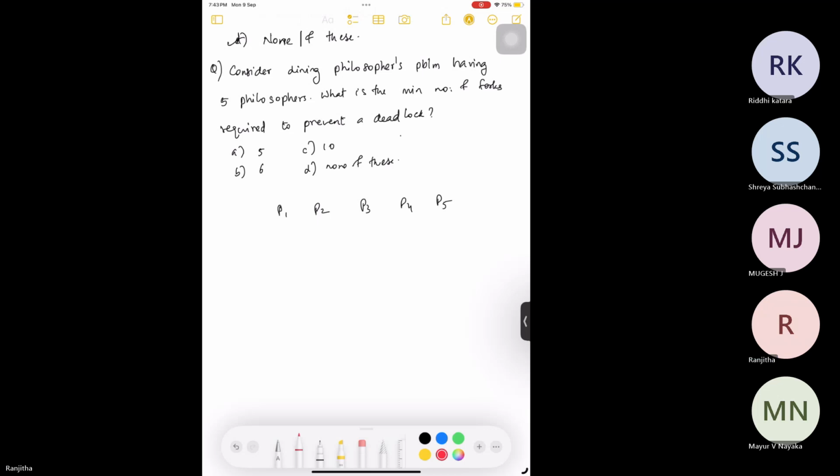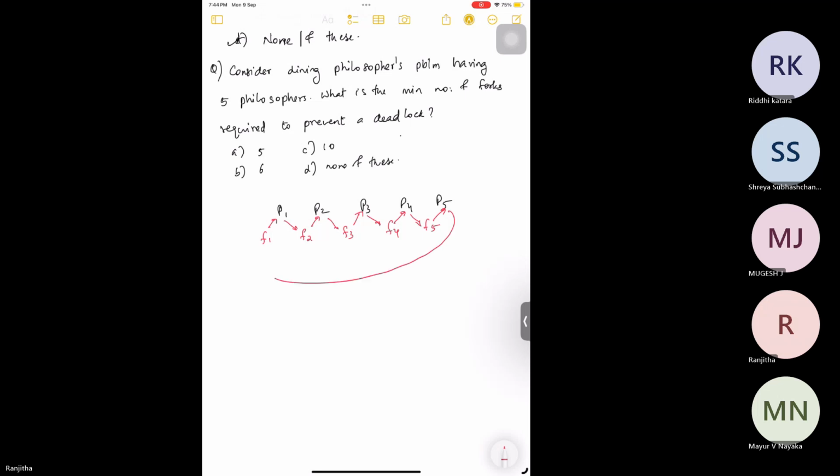And we had F1, F2, F3, F4, F5. Correct. So this is the circular wait condition.